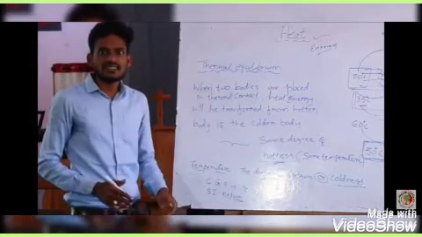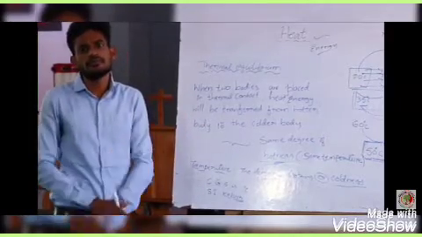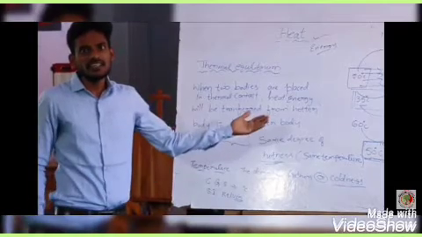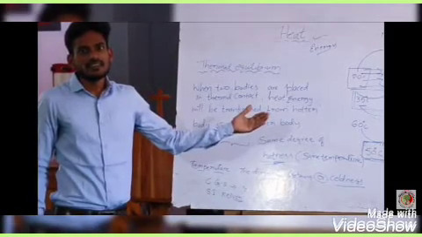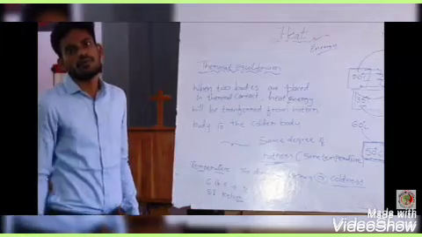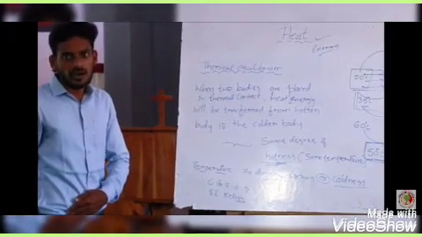When the bodies get the same temperature, there will be no more heat flow. According to Newton, there should be a temperature difference for heat to transfer from one body to another body.